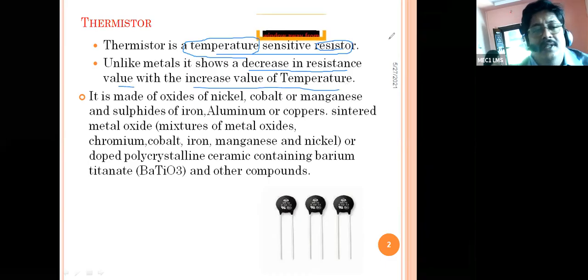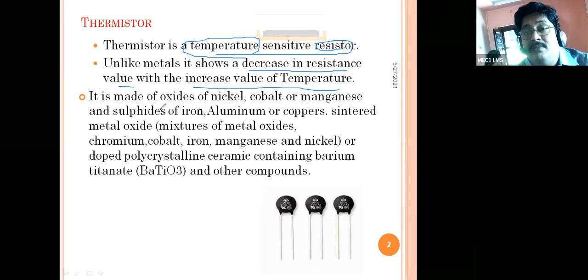Actually it is made up of some materials. As I said, all these sensors and transducers are made particularly with some materials, and with the help of those materials only they have some specific function to work.